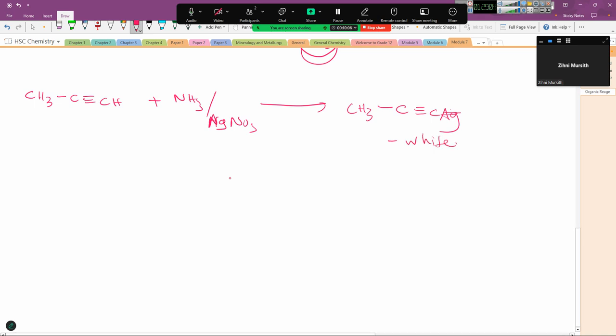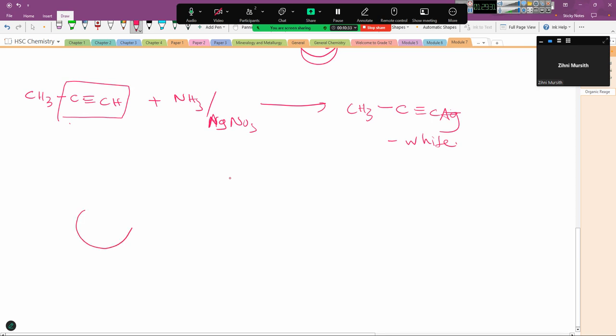So no matter how many R groups we have after this C triple bond CH, ultimately if you have C triple bond CH, this is the kind of thing that happens. So in the chemistry lab, we have to identify which type of functional groups are present, right? Now if you want to test if this type of structure is present, we can simply do it.